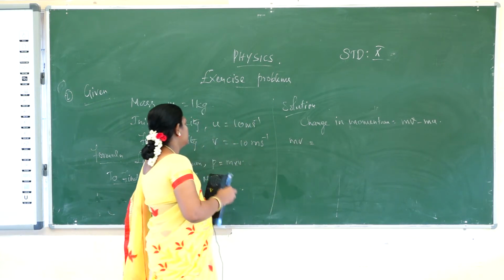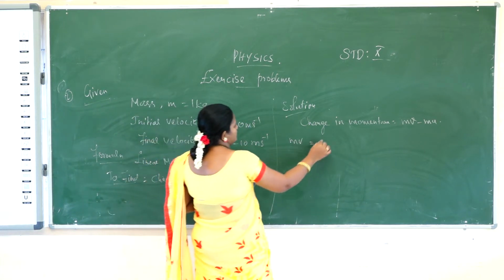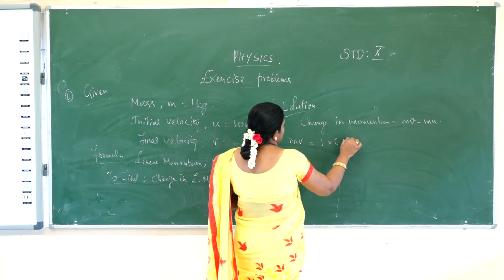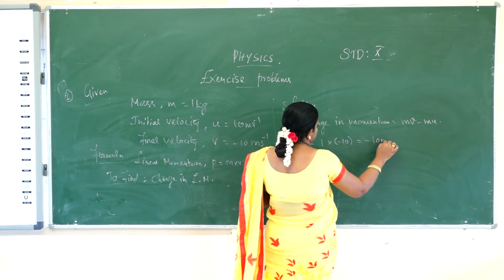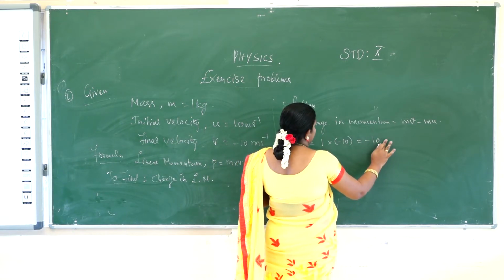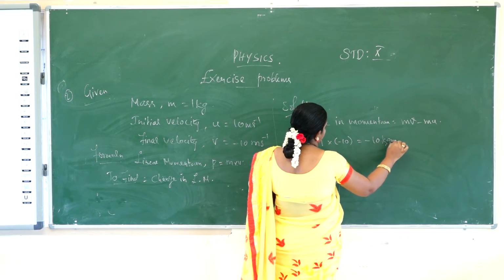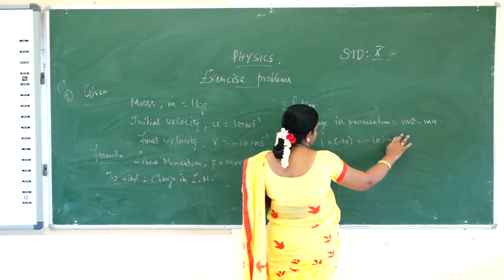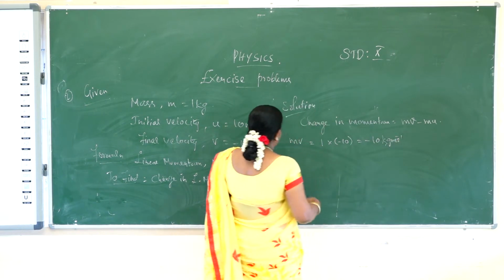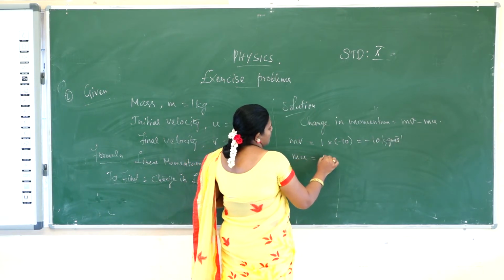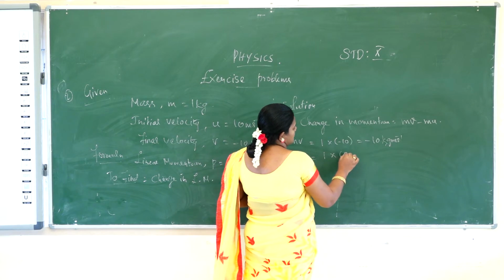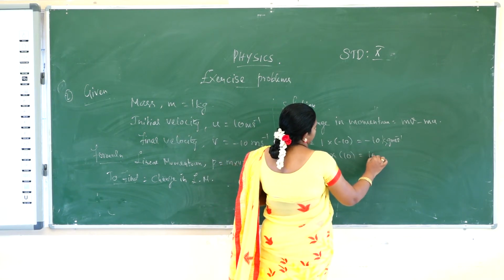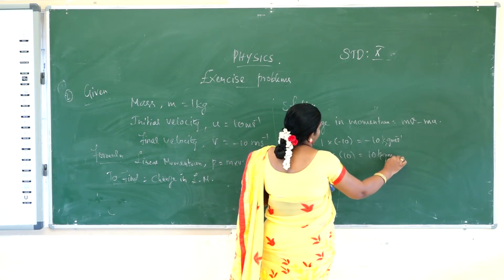What is mv? The mass value is 1 and v is minus 10, so minus 10 kilogram meter per second. Then mu: mass value is 1 and initial velocity is 10, so 10 kilogram meter per second.